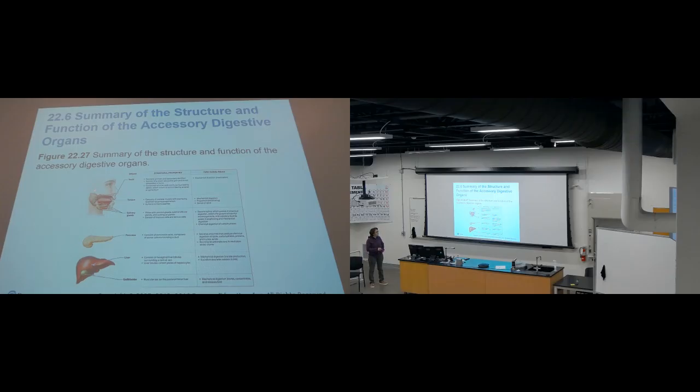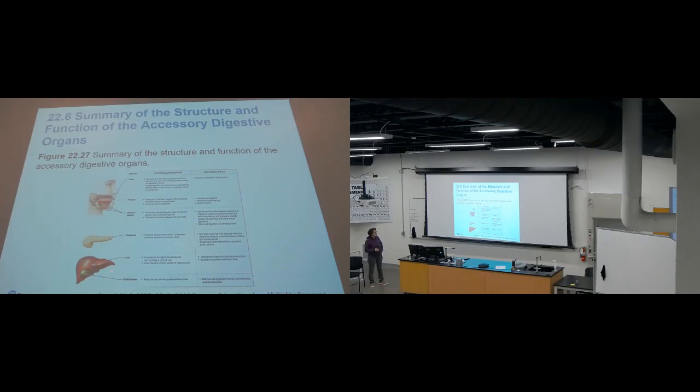When it comes to amylase, it will be salivary and pancreatic. And then we have emulsification by the bile that is stored by the gallbladder but produced by the hepatocytes.